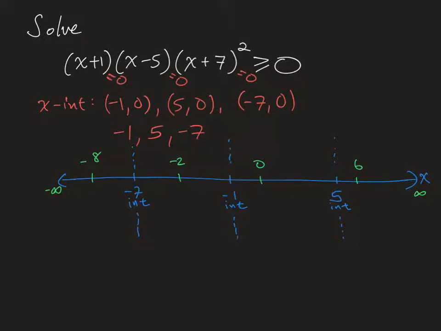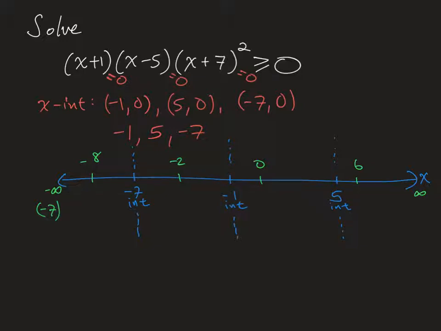All right, so what do you do with all these values? Well, you have to test them. So this would be substituting -8 in for x in all of these factors up here. And then we just have to see if it's going to be greater than or equal to 0. No problem. So -8 in for this x would be -8 plus 1. This set of parentheses would become -7.